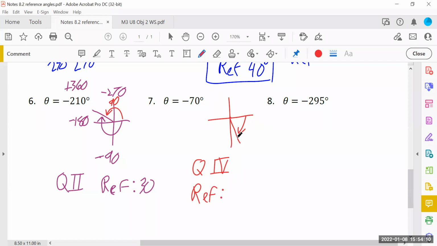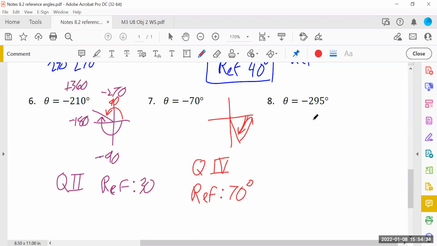But I don't want to measure this distance. I want to go all the way back this way. I went -70 this way, so I'm going to go back +70 this way. My reference angle is 70 degrees, the angle that I already had, but positive. Do not actually use this little 20-degree one right there because that goes to the y-axis, not to the x-axis.